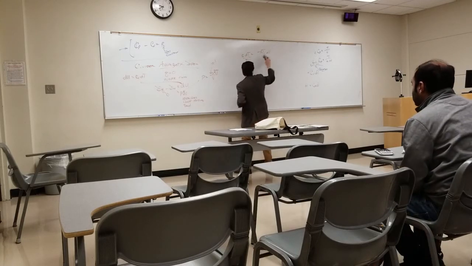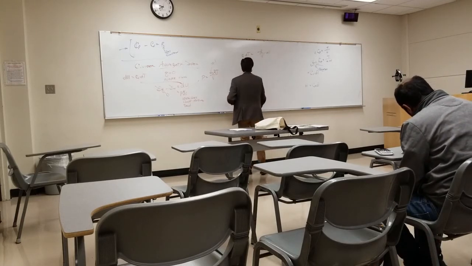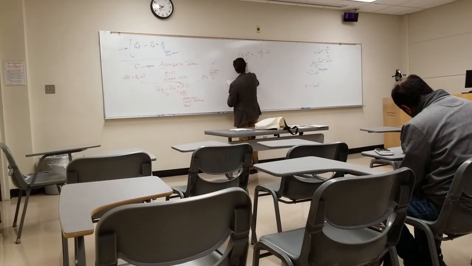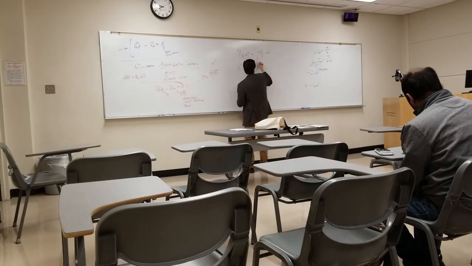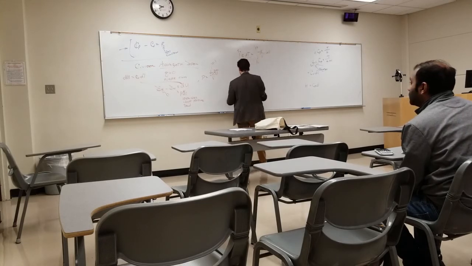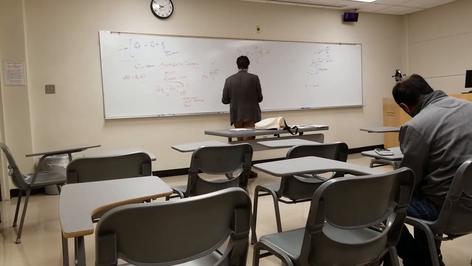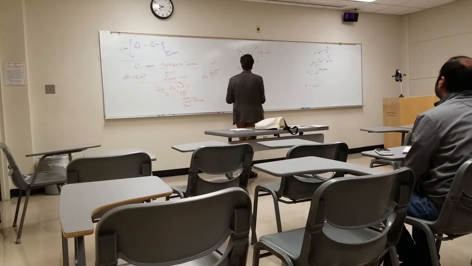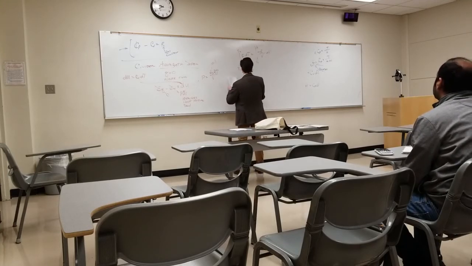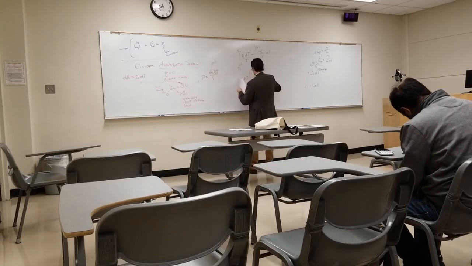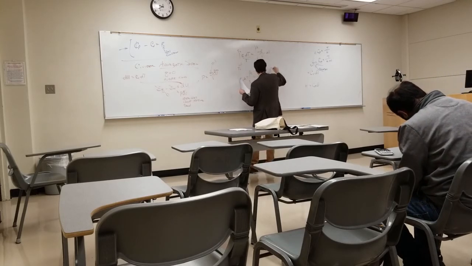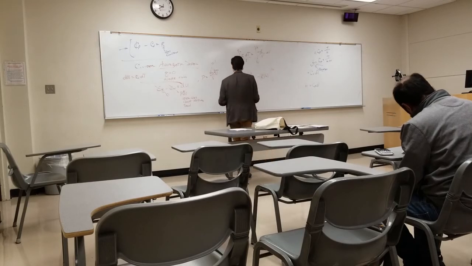Then put the T on that side, and integrate from T1 to T2, V1 to V2. That gives us Cv ln T from T1 to T2 is equal to negative R natural log V from V1 to V2.